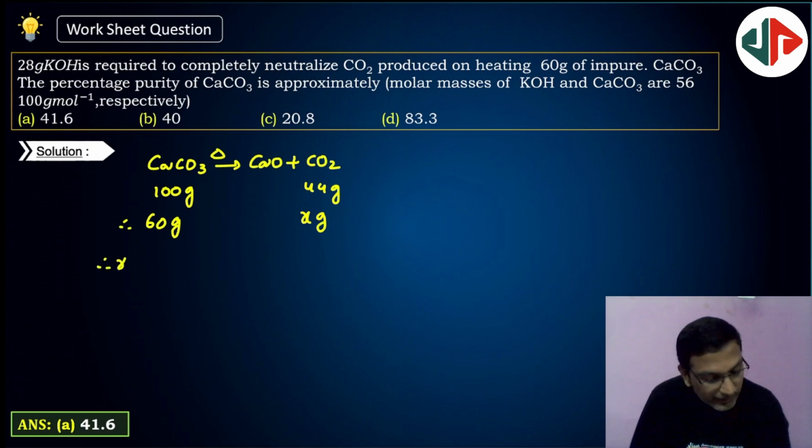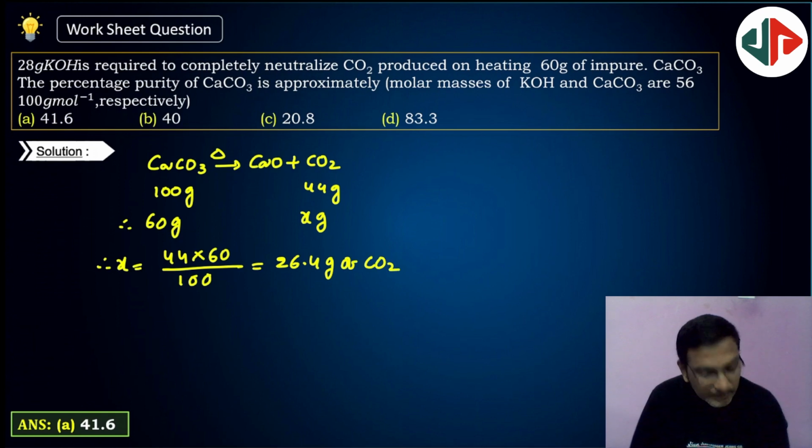So x grams equal to, cross multiplication, 44 into 60 by 100, which is equal to 26.4 grams of CO2 will be obtained. This will be neutralized by 28 grams of KOH.